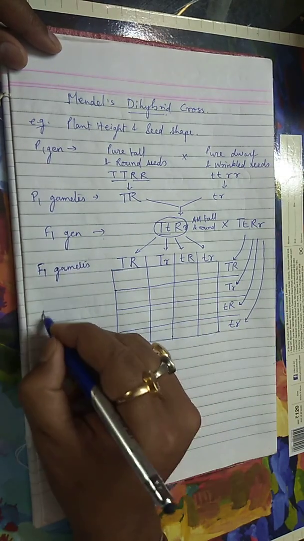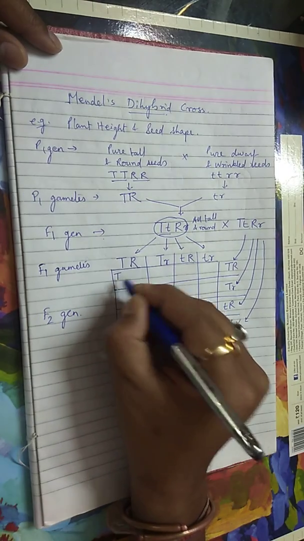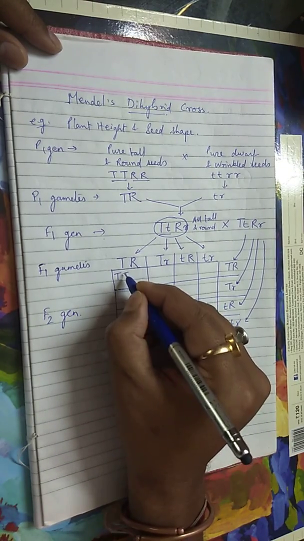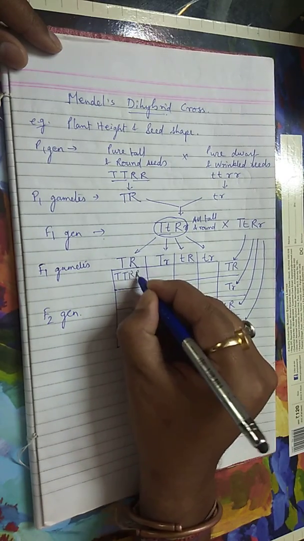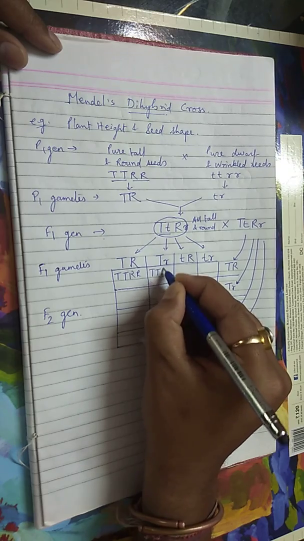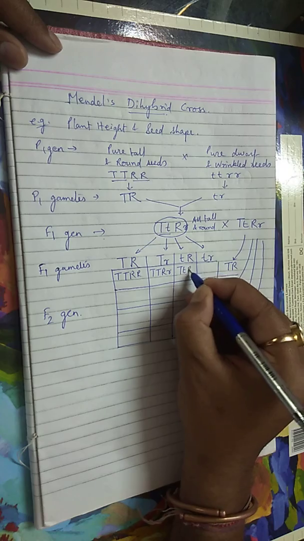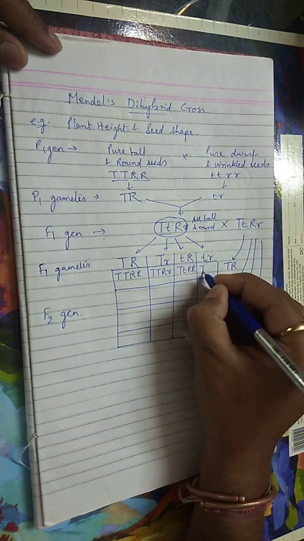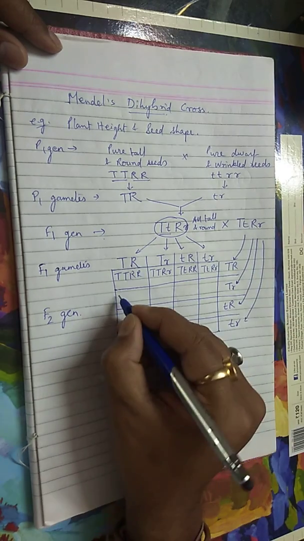And whatever we get here is the F2 generation. So capital T, capital T, capital R, capital R. Capital T, capital R, small r, capital T, small t, capital R, capital R. So like that we go on filling up. The dominant allele should be written before.